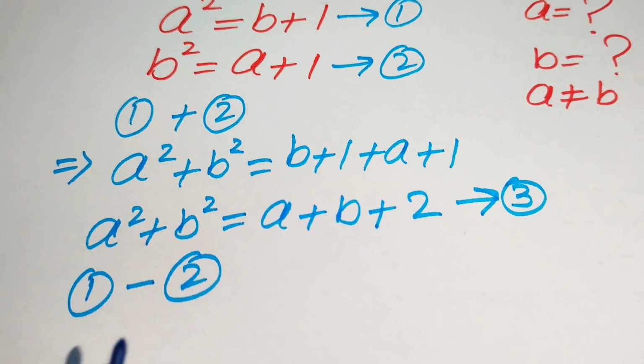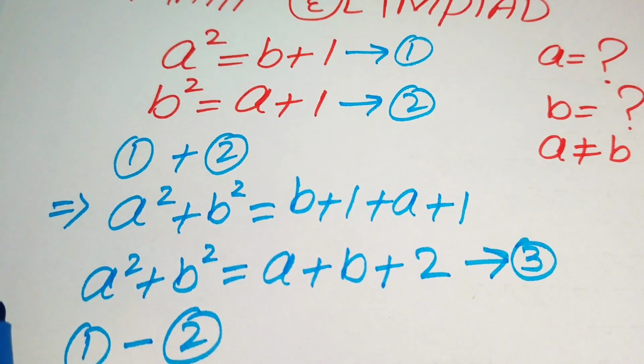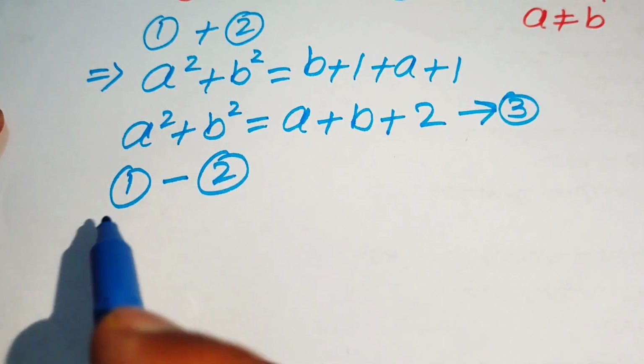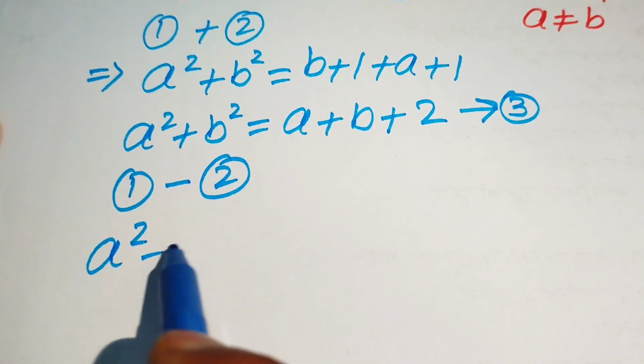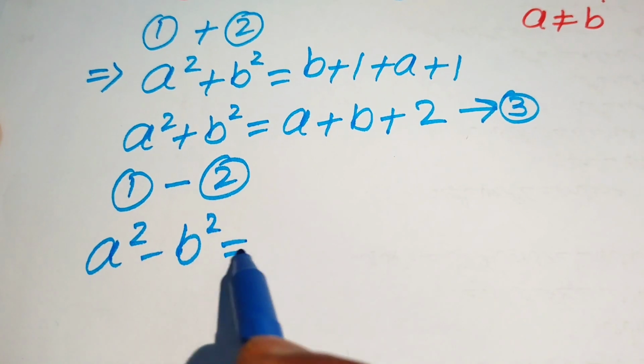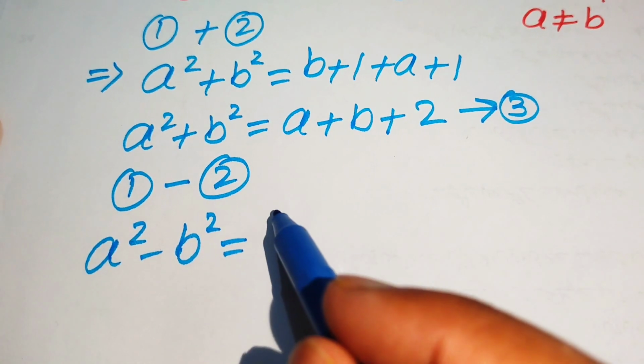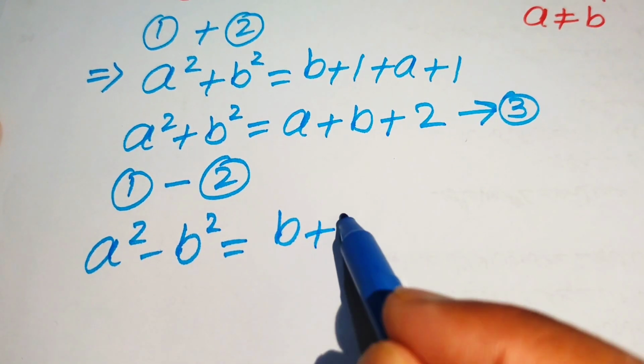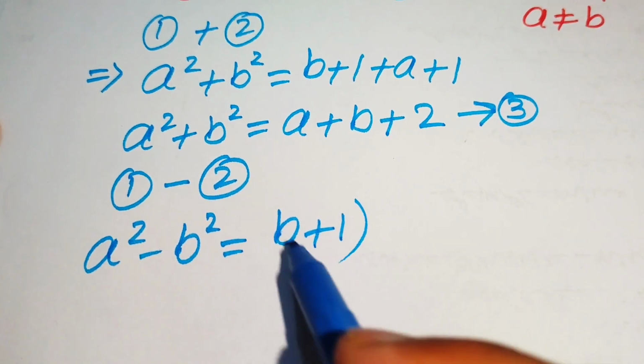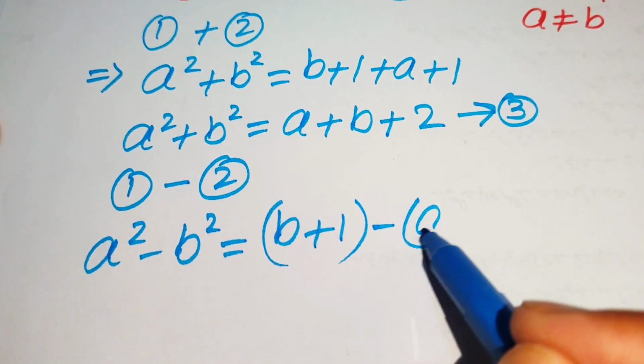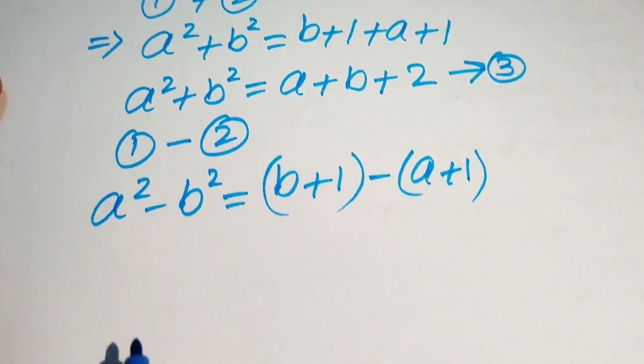When we subtract, it means that the terms on the left-hand side are subtracted with the terms on the right-hand side. So we have a² − b² equals (b + 1) − (a + 1).